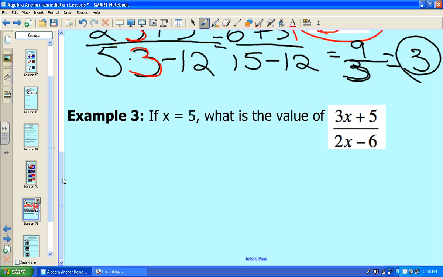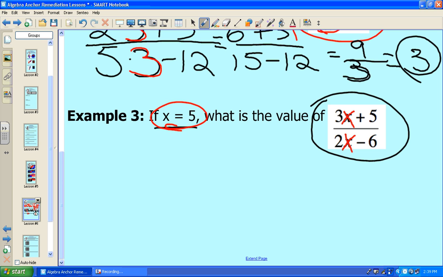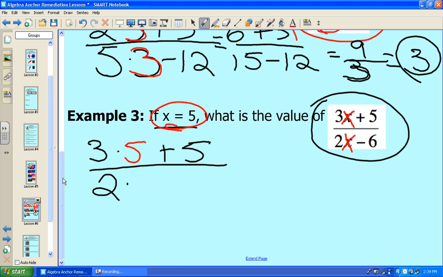Okay, in example 3, they're telling you that x is 5. Substitute into this expression, in place of these x's here, put the value of 5. Okay, so rewriting that, you have 3 times 5 plus 5. In the denominator, you have 2 times 5 plus 5.